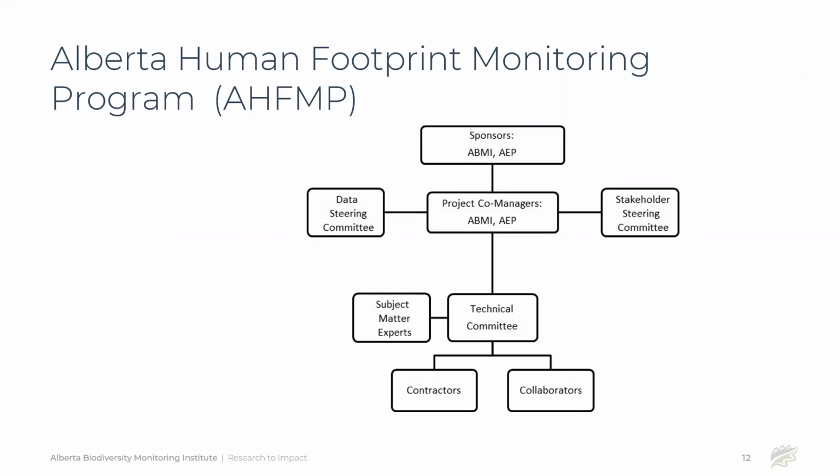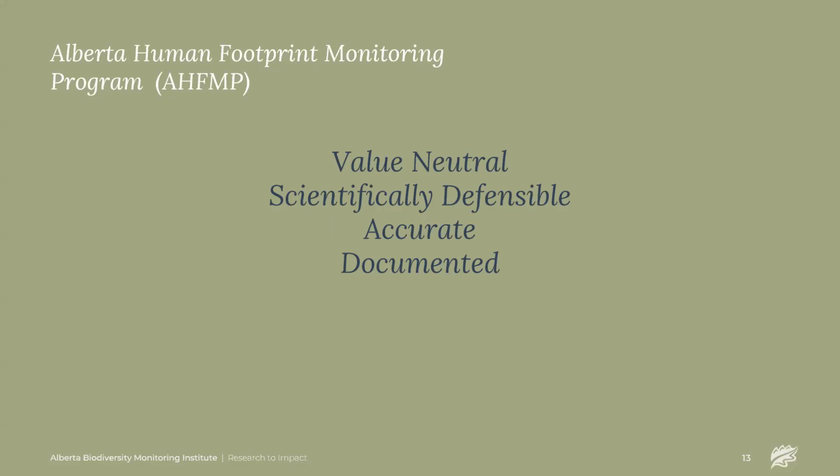And then ABMI stepped in, took those data sets into the human footprint inventory program, where modifications were needed, some updates were applied, and those sublayers became integral part of HFI process. So very, very important program.